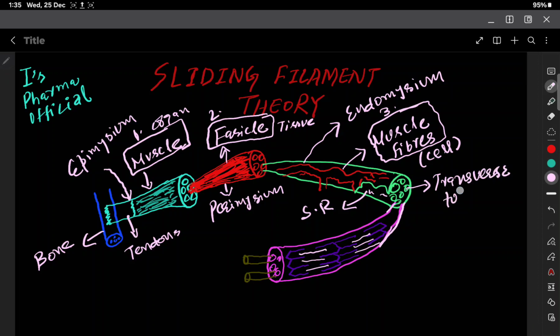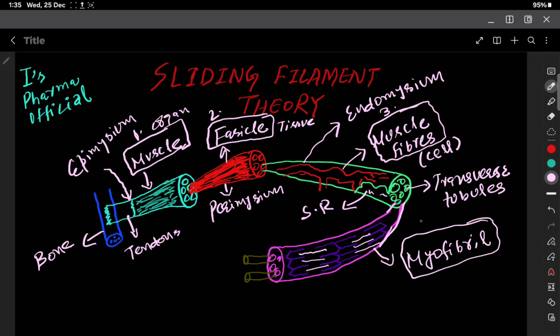Transverse tubules are important when we study contraction. Inside this muscle fiber there is the myofibril, which is the fourth one, and the myofibril is an organelle.